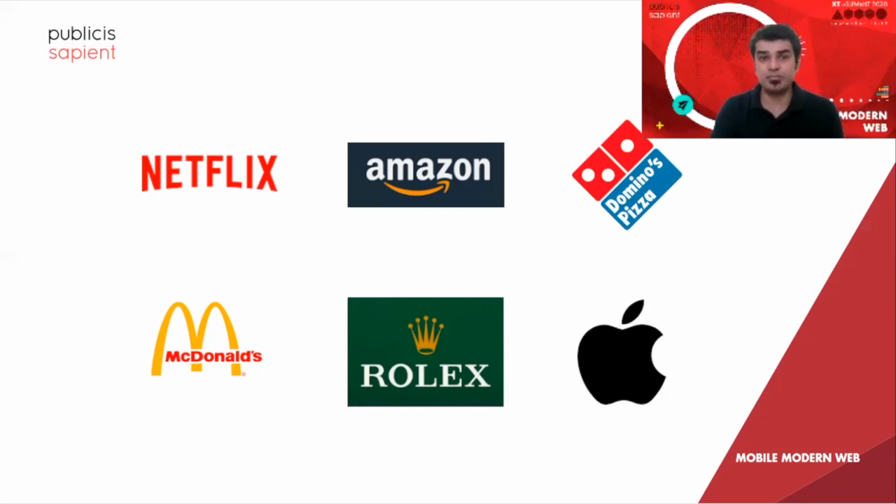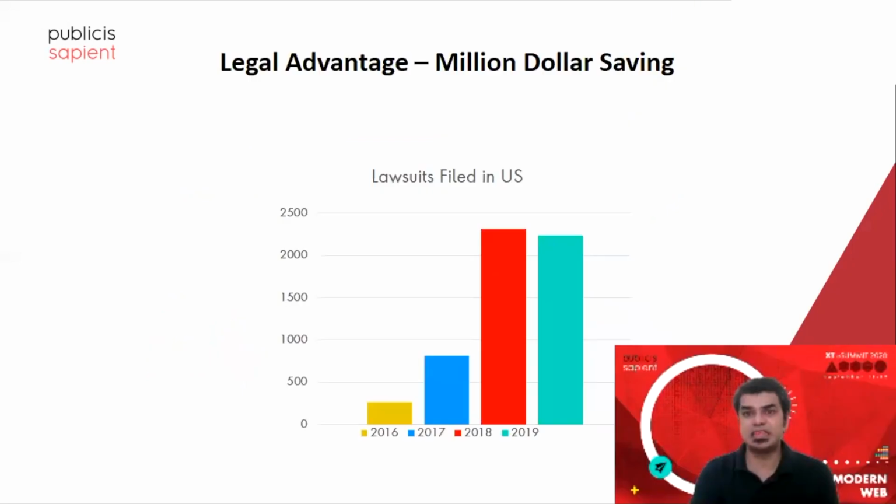Let's talk about some numbers which are increasing every year. As you can see, these are the numbers of lawsuits that have been filed in the US. These are not just regular lawsuits. These are lawsuits in the US for accessibility alone. In the last 2 years, these lawsuits have suddenly spiked. Why? Because web users have increased significantly. In the last 2 years, it has crossed 2,000, almost double from previous years.